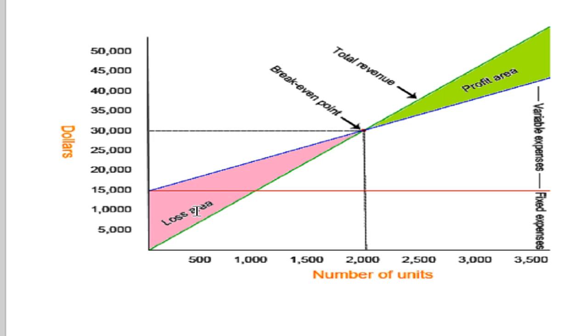And the opposite area, you're making a loss. So as you can see, it's quite simple, and the operating income is basically the difference between the two lines. That way you can figure it out.